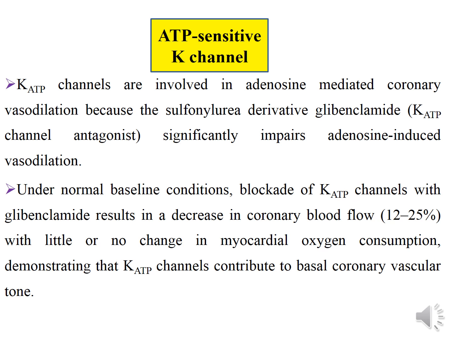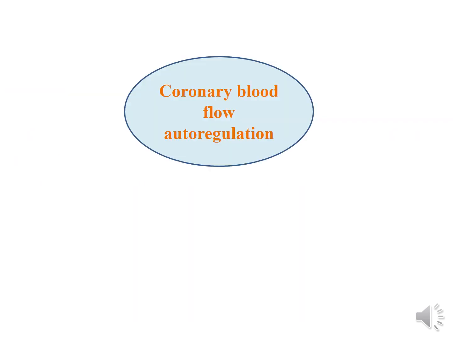Under normal baseline conditions, blockade of ATP potassium channels with glibenclamide results in a decrease in coronary blood flow by 12 to 25%, with little or no change in myocardial oxygen consumption, demonstrating that ATP potassium channels contribute to basal coronary vascular tone.